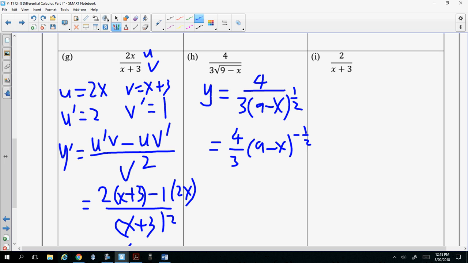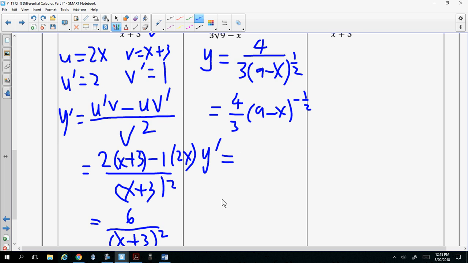All right, let's do that. So you get 4 times 3 times negative half, 9 minus 6x to the power of negative 3 on 2 times negative 1. Okay? And then half of 4, 3 is, double negative is positive, you get 2/3. So if you do the simplify.